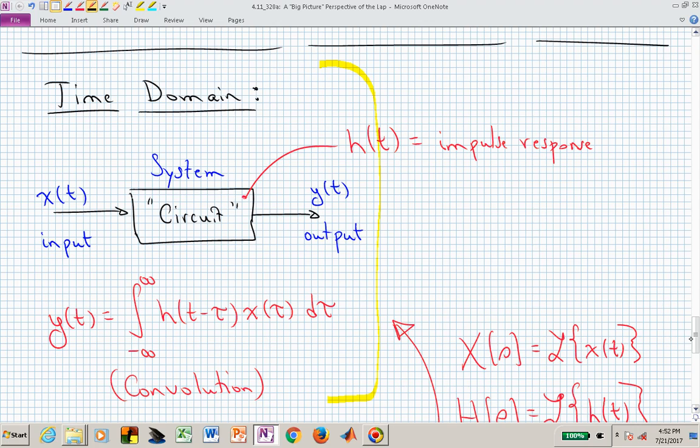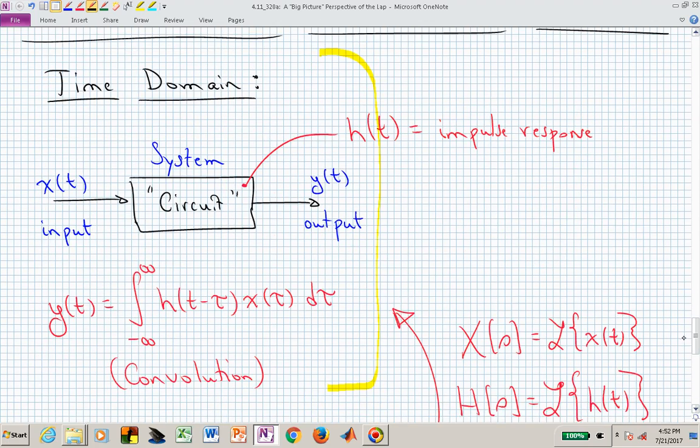And finally, let's now connect the time domain with the frequency domain. In the time domain, there we have an impulse response. If we excited the system with an impulse function, then what we see at the output after exciting the system with an impulse at the source would be our impulse response. That's this little h of t. That's how the circuit behaves for an impulse function.